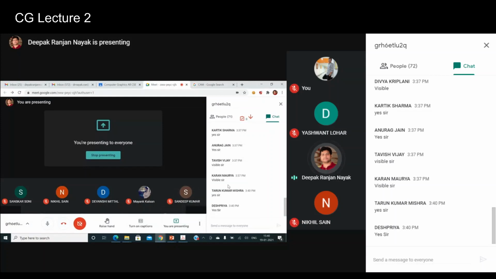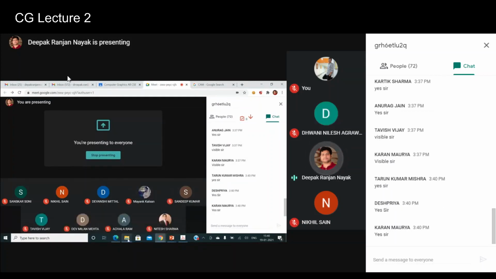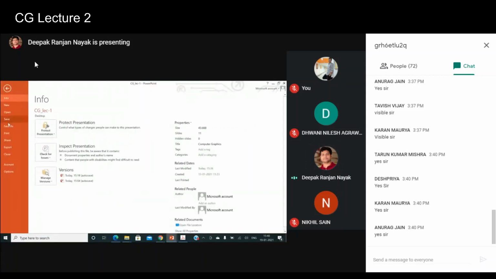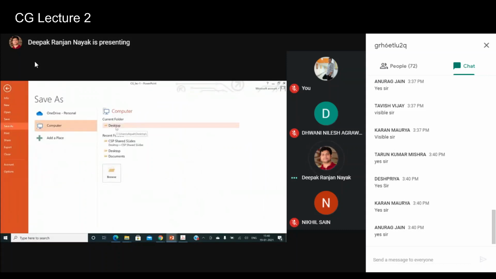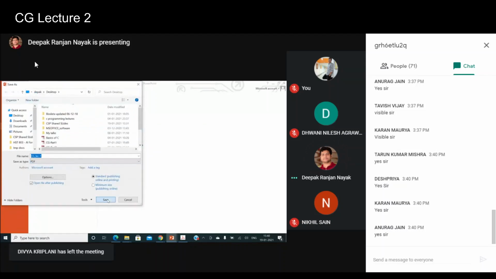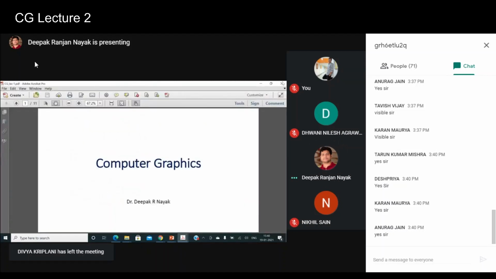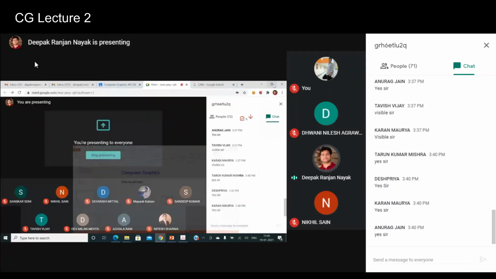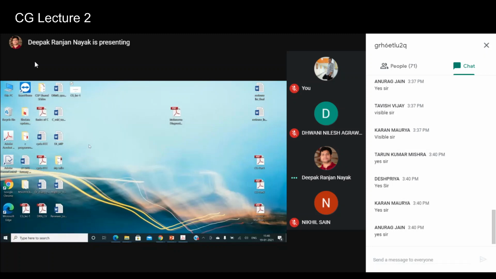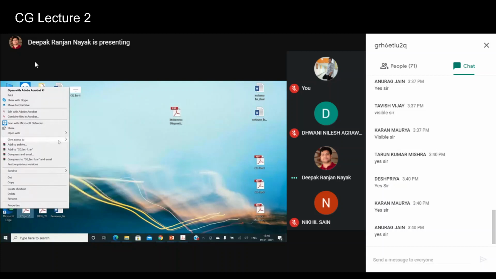Actually, I'm using my new laptop where I have not installed any software. Is it visible correctly, or let me do one thing. Wait. Let me save it in a PDF file and open it using Microsoft Edge.